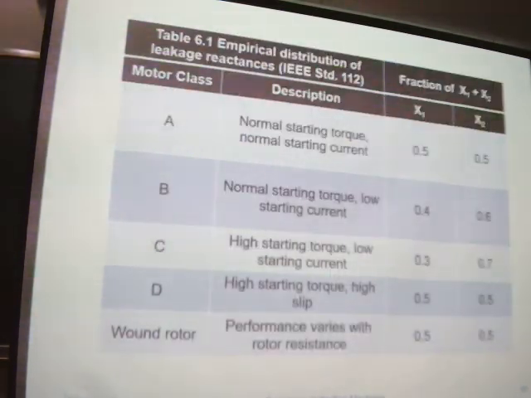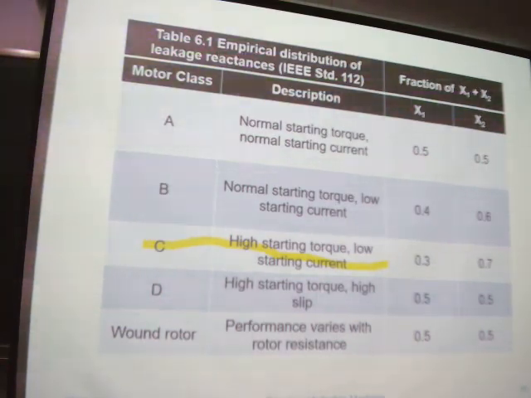That's all. It's okay. There are also five kinds of different motors. This may be the double squirrel cage case, because it has high starting torque.